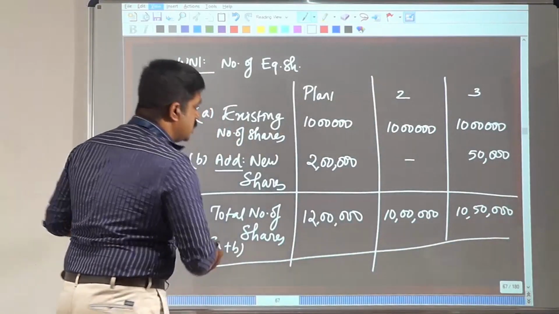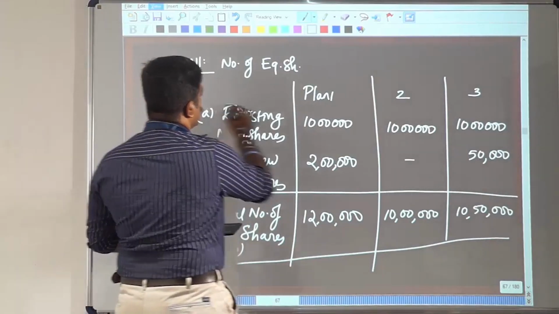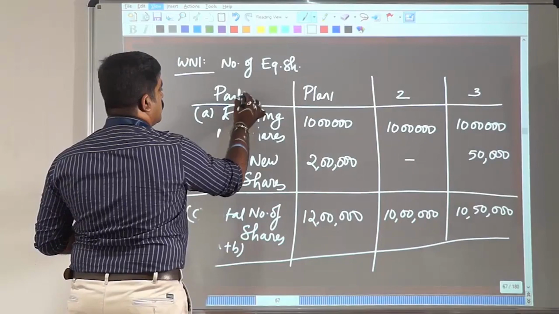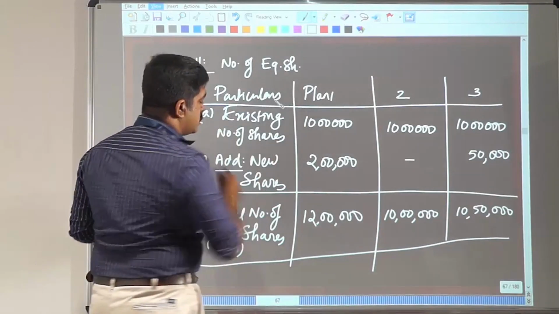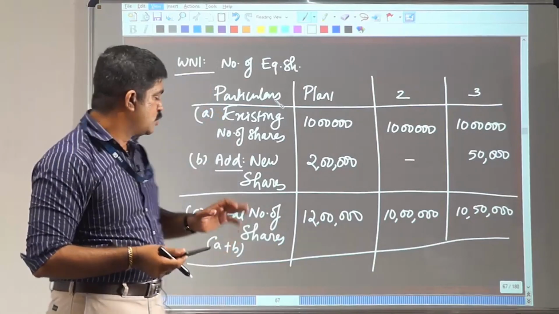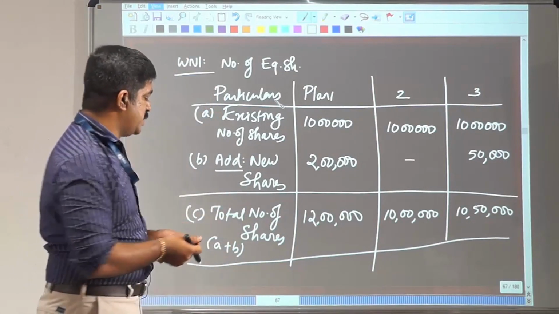This information is very relevant, because you cannot calculate EPS without knowing the number of shares. So now we have the total number of shares.